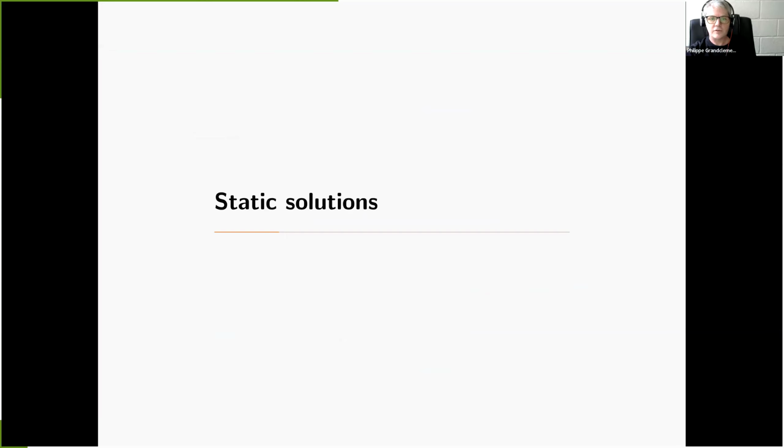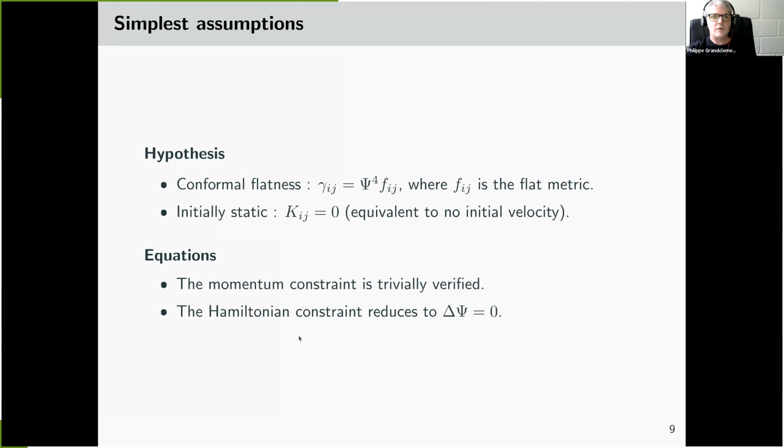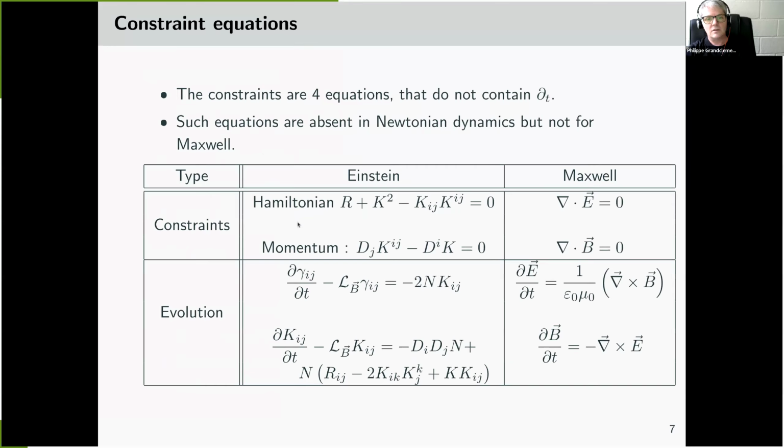And I will focus first on the case of two black holes, so no matter, empty space containing two black holes. So we'll start with what is called the static solutions, a very simple case where you consider only solutions for which the extrinsic curvature tensor is 0. If you do that, the momentum constraint equation that you see here is trivially satisfied, and you are just left with the Hamiltonian constraint equation.